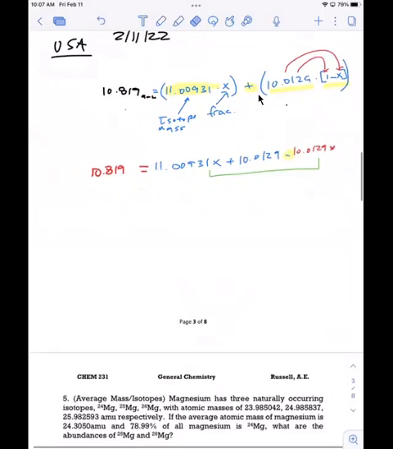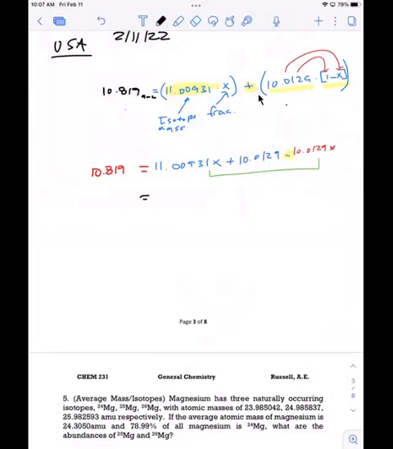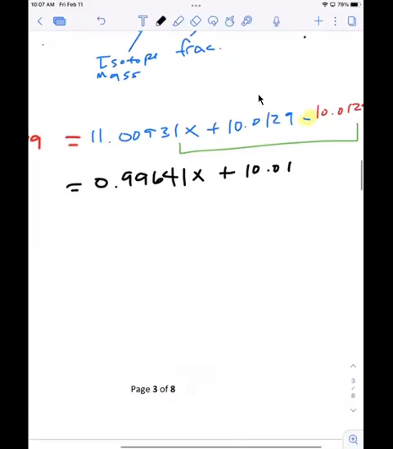So if we combine the x terms, we're going to get that exact same number, which was what? It was 0.99641x plus 10.0129.